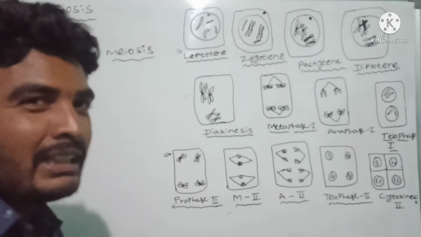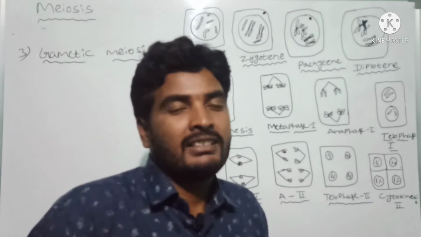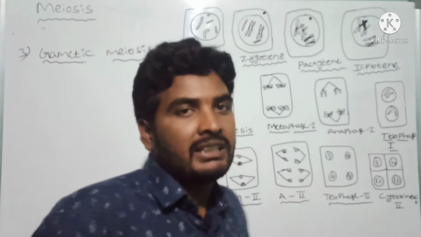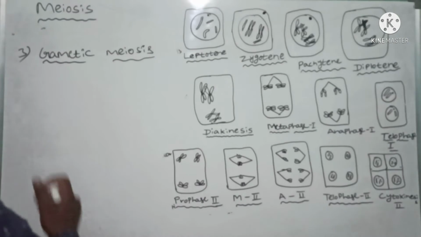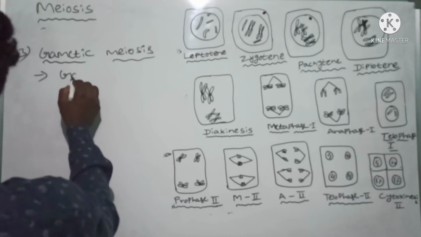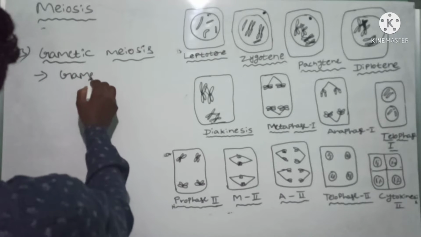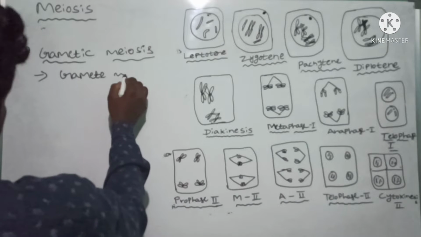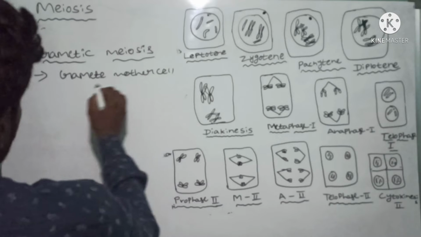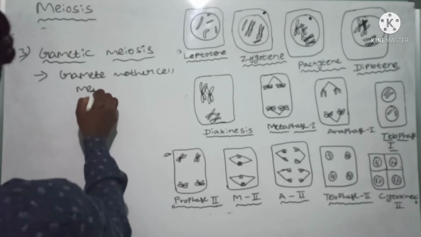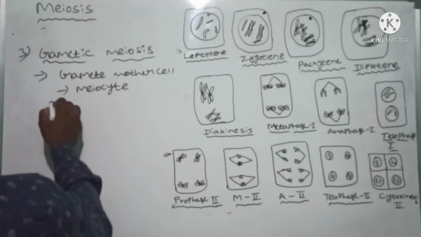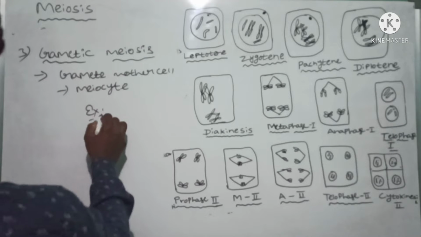Here the gamete mother cell is the meiocyte. Examples: animals.